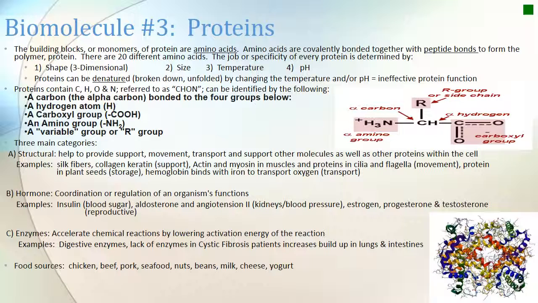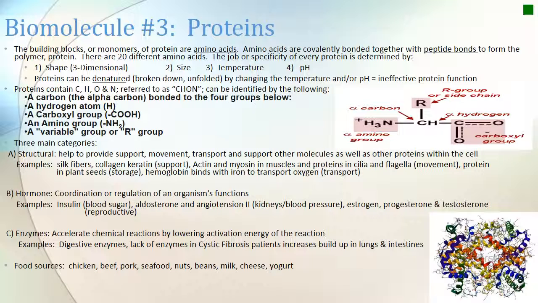But insulin is also made naturally if you are non-diabetic, and your insulin naturally helps control your blood sugar. We also have many hormones that help control our blood pressure and kidney functions. Two of them are aldosterone and angiotensin 2. And we have lots of different kinds that deal with our reproductive organs. Estrogen, progesterone, and testosterone are just a few.